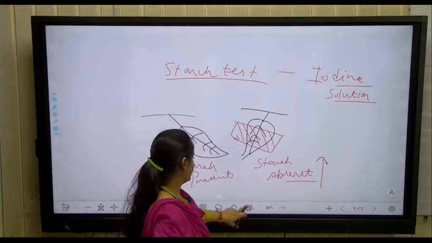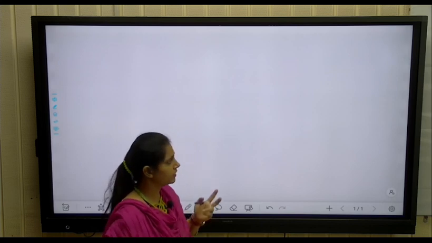Now the next experiment is presence of CO2.